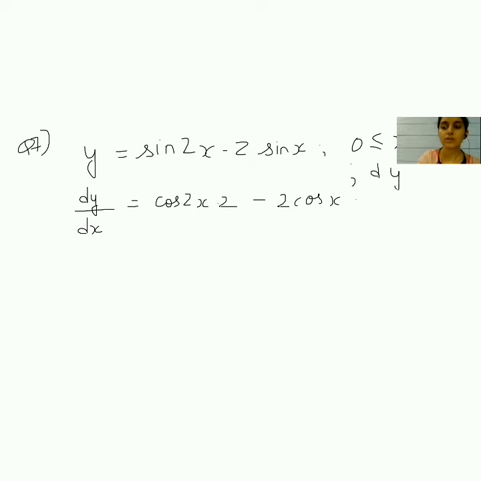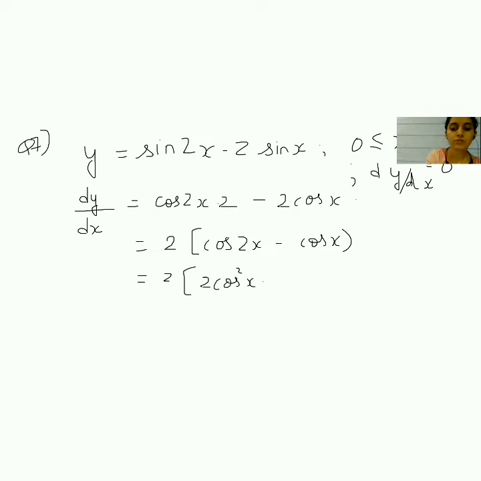If the slope of this curve is 0, then find all the x coordinates. So what we'll do is take 2 common. We have cos 2x minus cos x. Okay, cos 2x can be written as 2 cos square x minus 1 minus cos x.